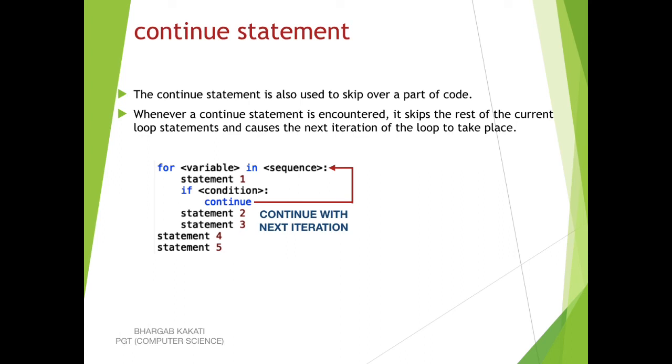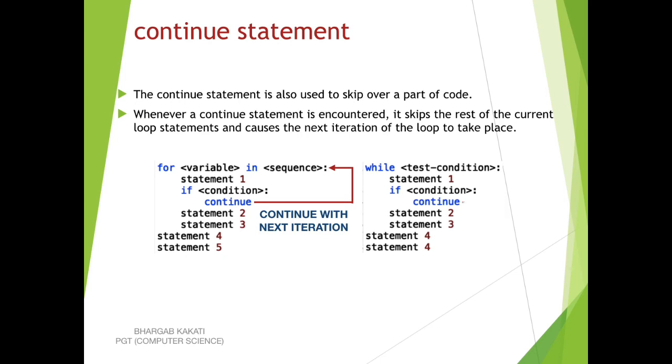The loop will not be terminated. Similarly, for a while loop also, whenever a continue statement is there, it will continue with the next iteration. So basically, to sum it up in one line, the continue statement will skip only the current iteration of the loop, and the entire loop will not be terminated.